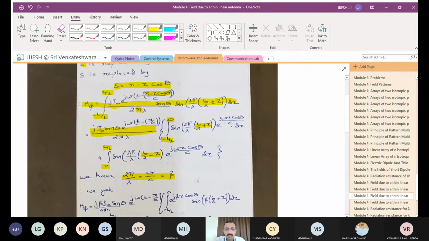This is the equation we have for h of phi as of now. So you have to replace 2 pi by lambda or omega by c as beta. You can see that you have replaced it.